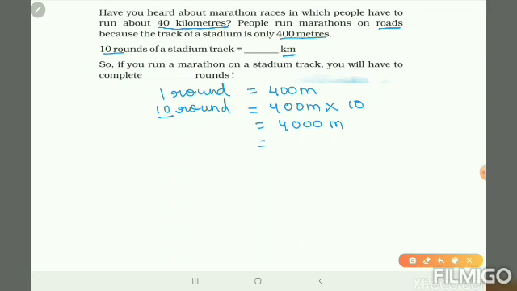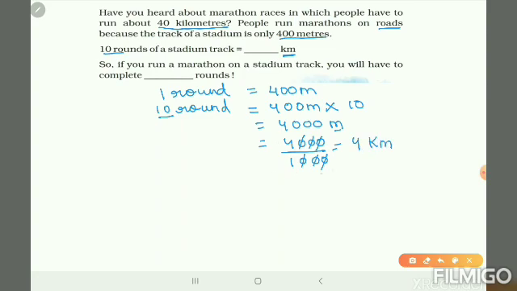So we have already done the conversion of units of length. So we are going to convert meters into kilometers. That means from a smaller unit to a bigger unit you have to divide, and you know the relation is 1000, so we can cancel these zeros and get our answer as 4 kilometers.